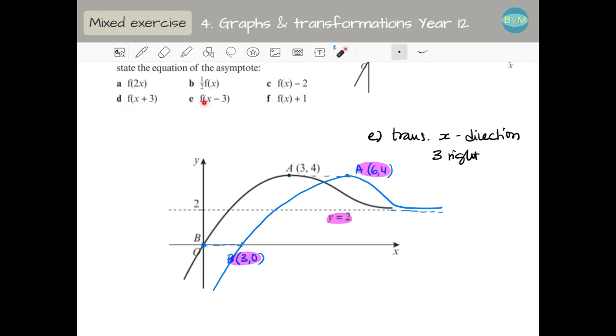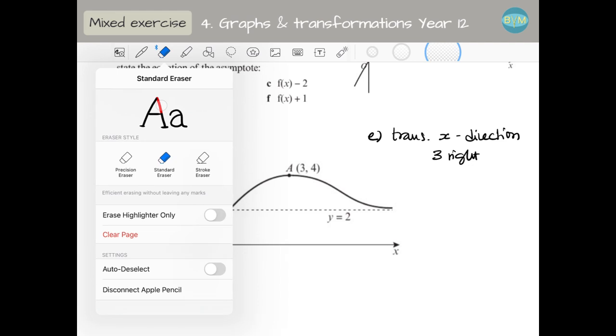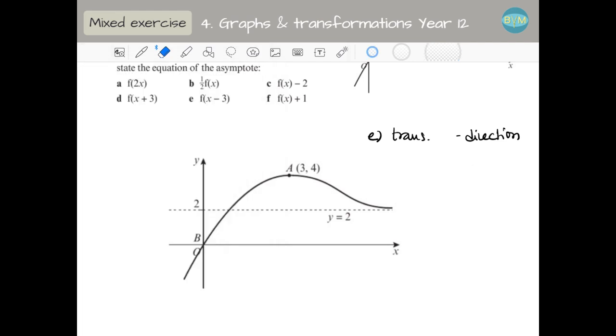The next one and the last one is this one. Everything goes up by 1 because I am adding 1 to my y. So all the y's go up by 1. So I have a translation, on this occasion in the y direction, 1 up. That means this point stays at 3 for the x, but the y is going to be 5.